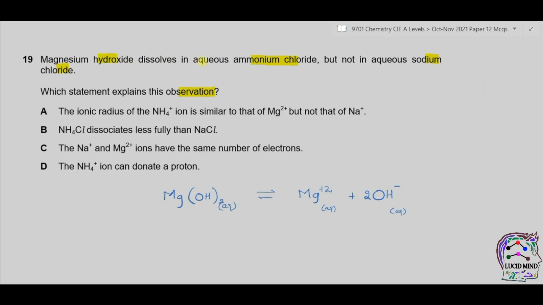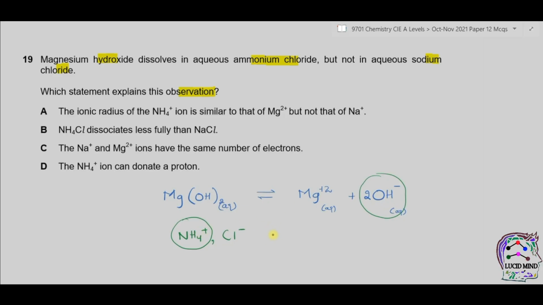Now it says magnesium hydroxide dissolves in ammonium chloride. In aqueous ammonium chloride we have ammonium ions and chloride ions present. This ammonium ion can react with this hydroxide ion to form ammonia and water.